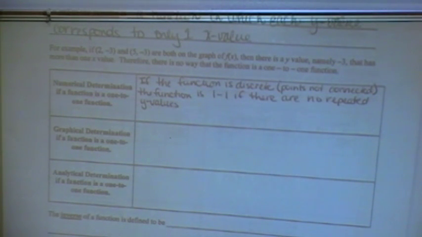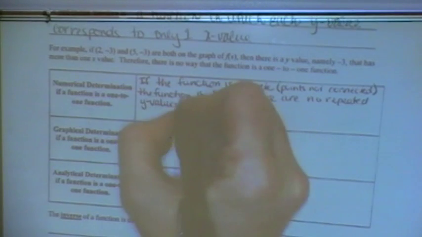If they give you an equation and you plug it in, it's going to connect the lines, right? But if they're discrete, the way you're going to tell is that there will be no repeated y values.